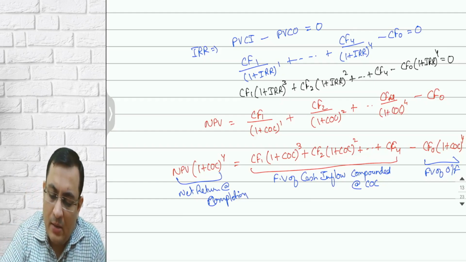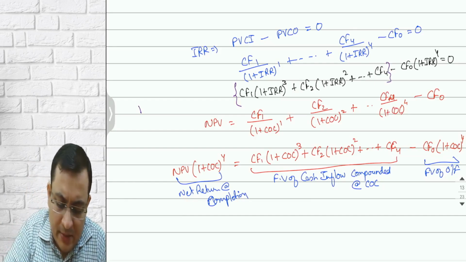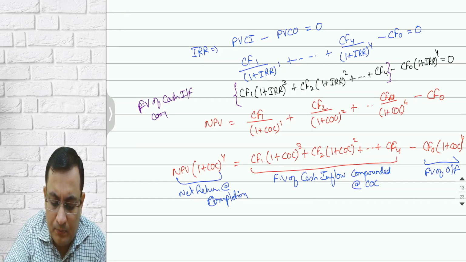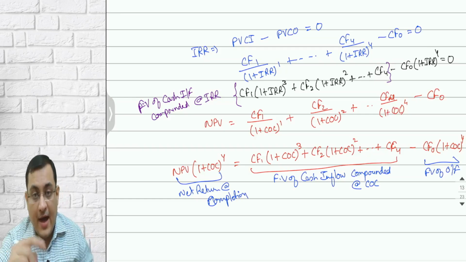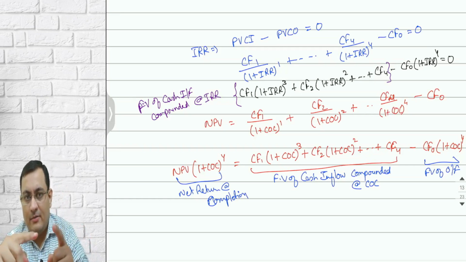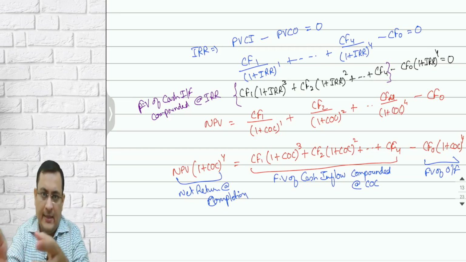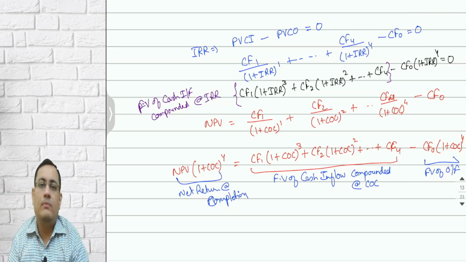If we see this positive value, these are the present future value of cash inflows compounded at the IRR rate. Are we going to get other similar projects at T1 for investing the inflow coming from this project? May not happen.